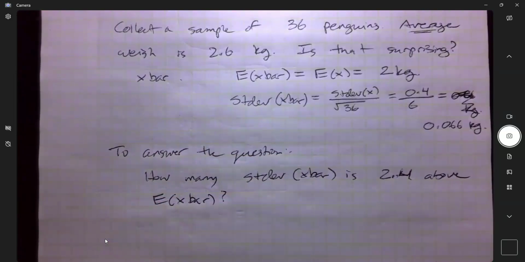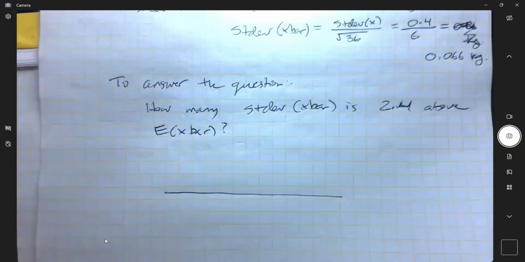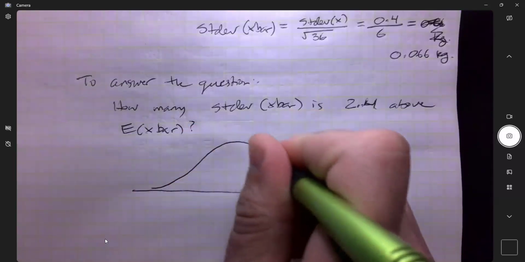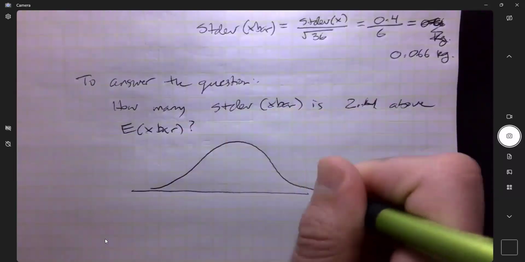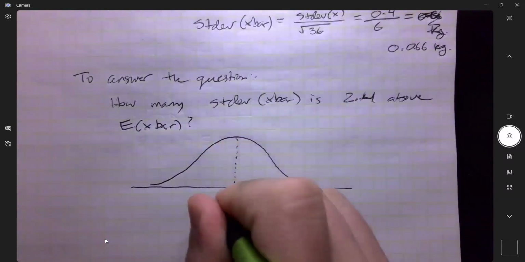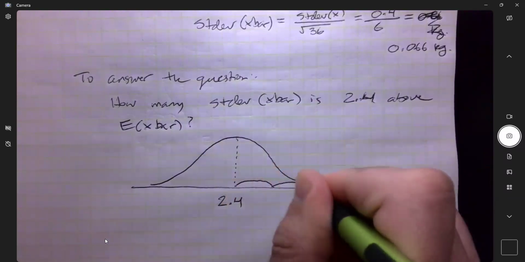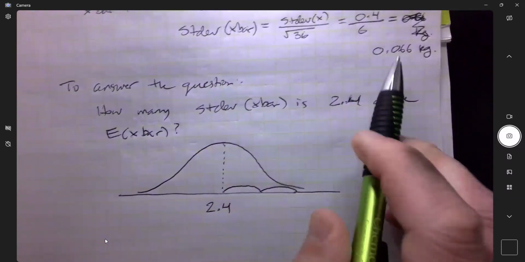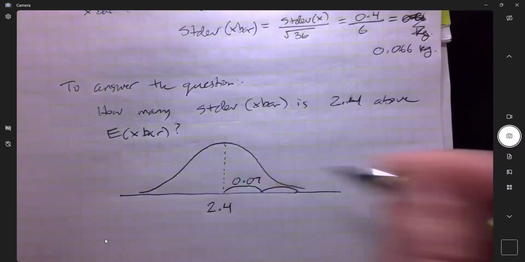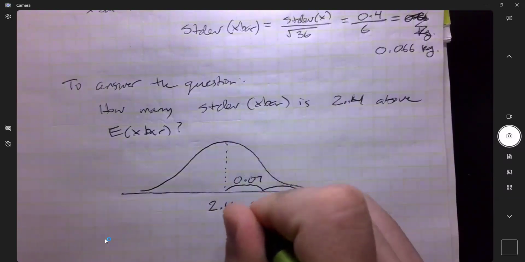Well, regardless of exactly what the population of penguins was distributed, I know the distribution of average weights is normal because of the central limit theorem. The center should be 2.4, and each standard deviation, it's not 0.4, it's 0.066.